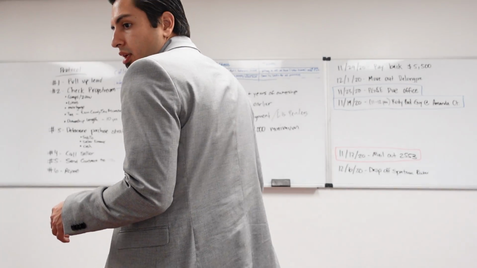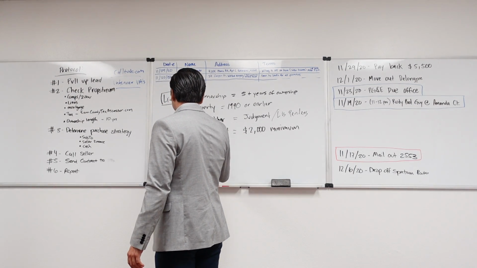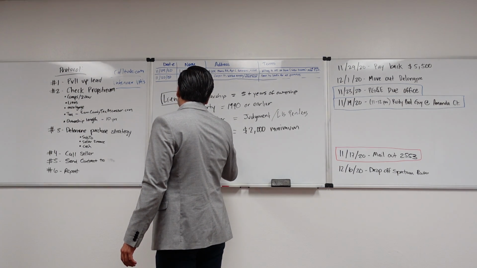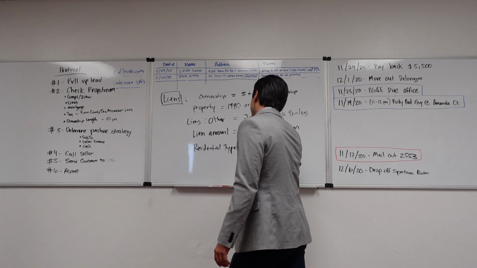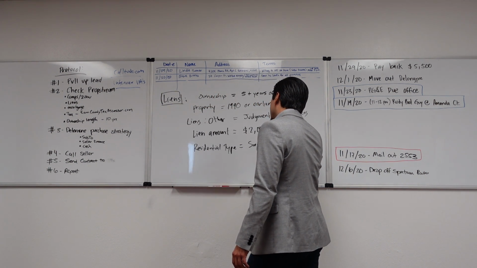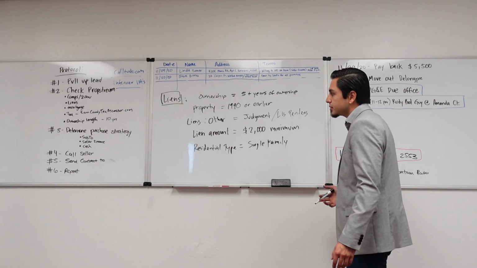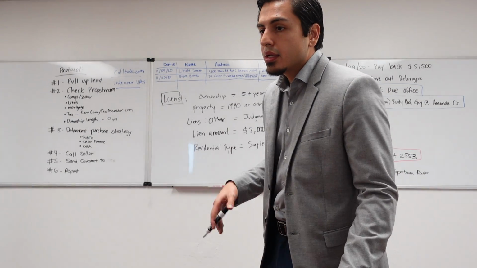Now, another thing that I do is I also put residential type. You could put single family. You could put multifamily. I like to put single family because if I'm going to be targeting fix and flips, I'm going to go for residentials and I'm going to go for single family.